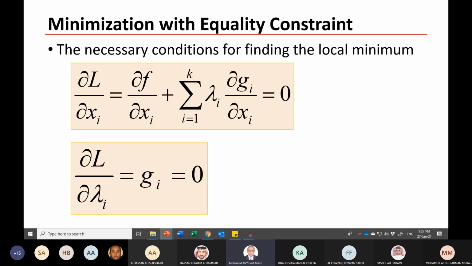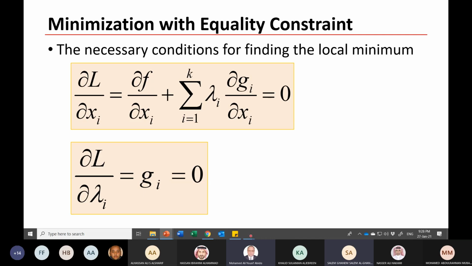I know I took more than the time, but let me answer Salim, and then we can close the session. Salim, please. Yeah, Professor, for the Lagrangian multipliers, are we talking about the binding constraints or all types of constraints available?